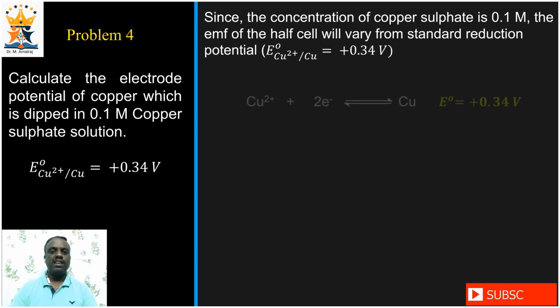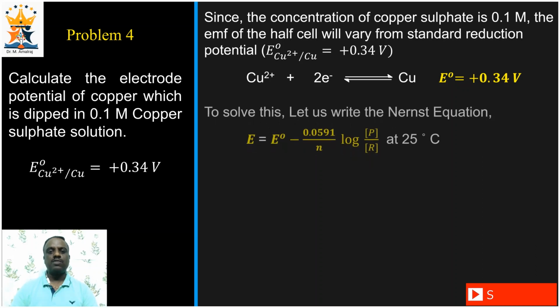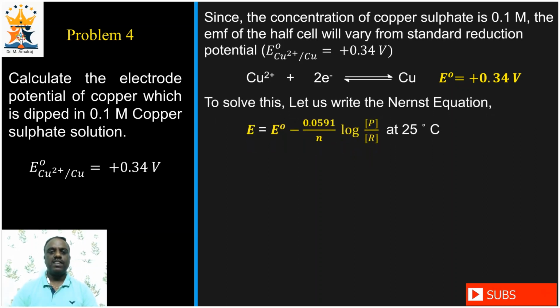To calculate that, first let us write the reduction half cell reaction and the corresponding Nernst equation. Here I have used the term 0.0591 because in the problem the temperature is not given. If the temperature is not given, it is assumed to be 25 degrees Celsius, so we can use this particular expression.